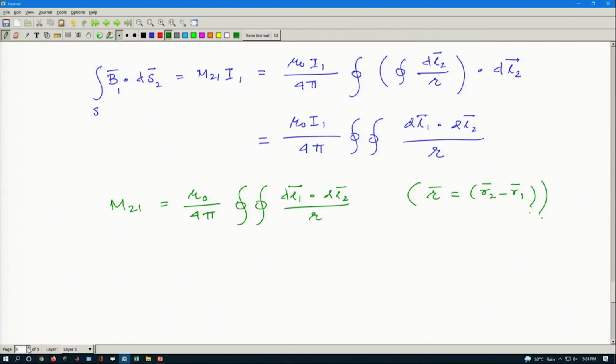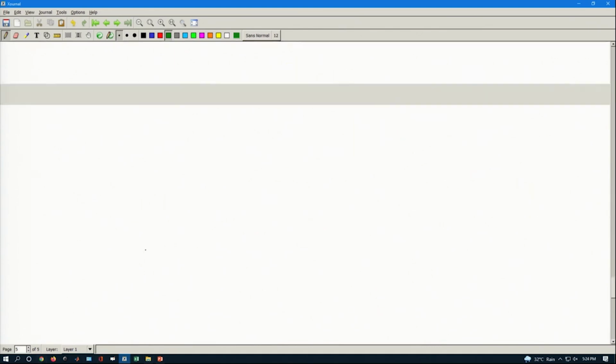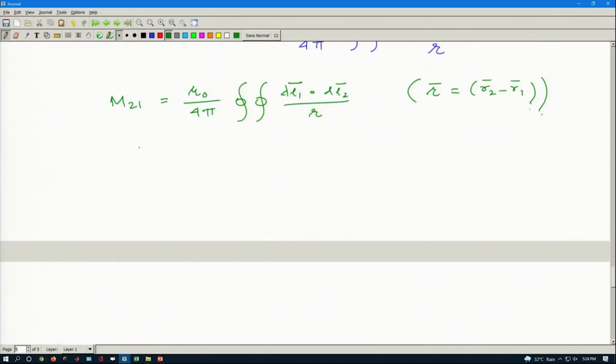This is Neumann's formula, which tells how to calculate this M21. So, this expression is called Neumann's formula.